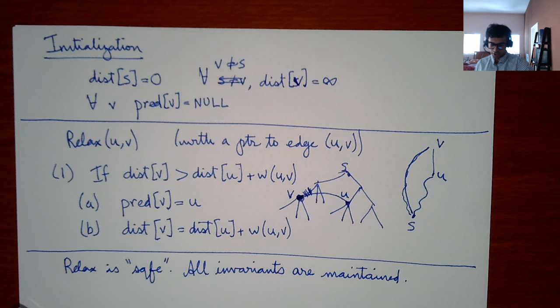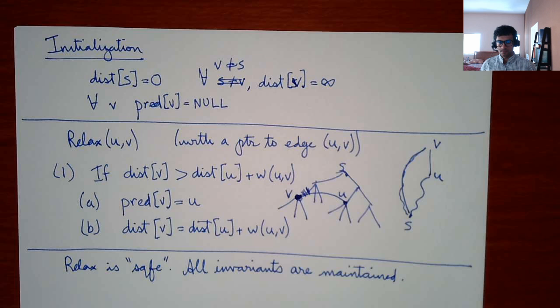The thing is, you have a path from s to v, and you explore the other path from s to u, and then if it is smaller than the dist of v, you can keep doing that recursively for every vertex here, and then that way you can get the predecessor, which is the answer of the shortest path.